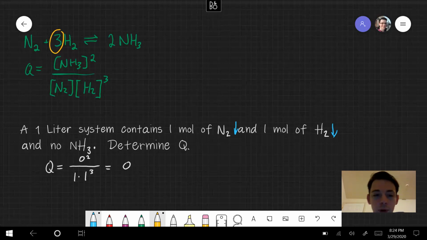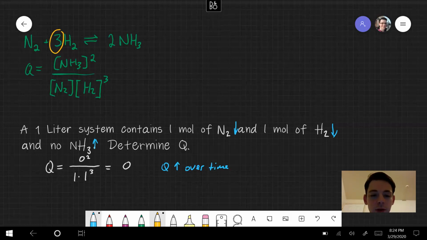And importantly, NH3 will not stay 0. It's going to increase. So over time, Q will increase. So Q increases over time. Okay. How high will it go? Will it continue to increase until it reaches 10, 100, 1,000?